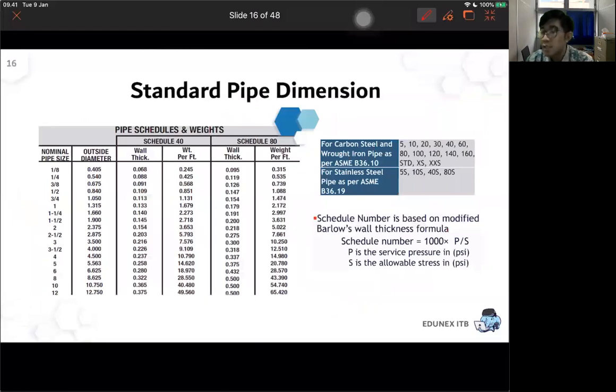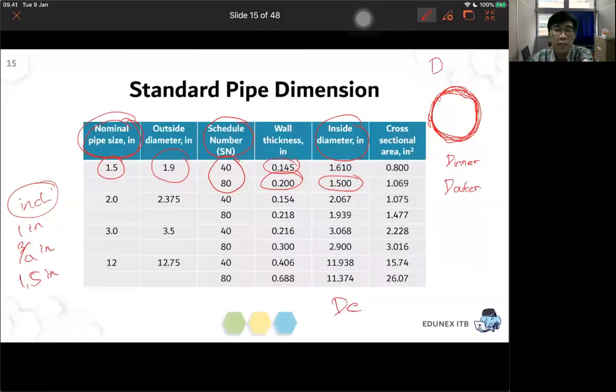So this table is also an example of the data that you can get from the handbook. It's showing the nominal pipe size correlating with the schedule number, and from this one you see the difference, right? In this table you have the value of inside diameters directly. Then you can use this value unless you need to convert into equivalent diameter.